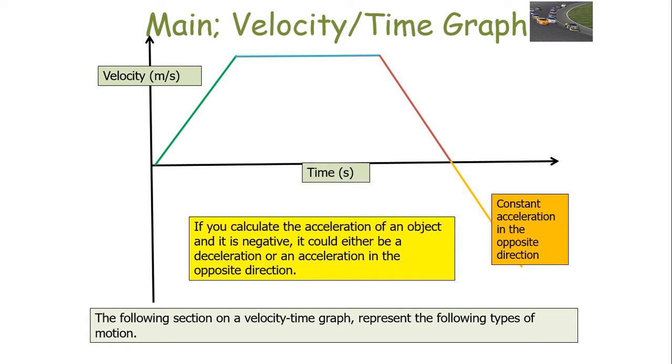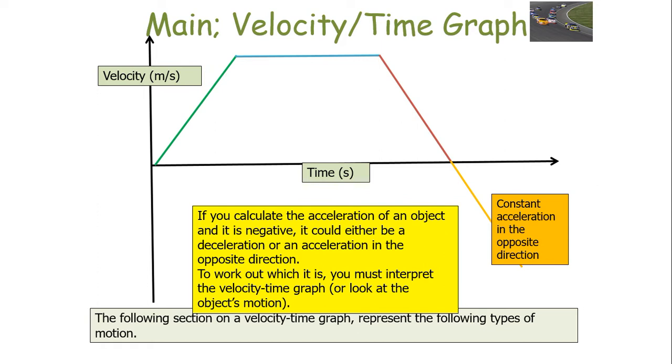Now, if we calculate the acceleration of an object and it's negative, it could either mean deceleration or it could mean an acceleration in the opposite direction. You can't just know from a number what it is, so what you'd have to do is either look at the velocity time graph and see what that negative value represents, either a line going downwards or a line below the x-axis, or you could look at the object's motion in real life and work out what's going on.